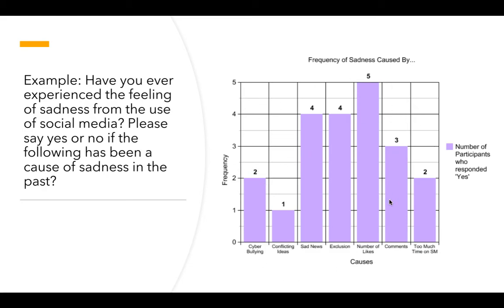Even though this does not help you make any generalizations, this does give you some information about what could be possible causes of feeling sad online, with the chosen participants that you have. So you will be able to come to some conclusions by comparing the frequencies here. Having said that, your reports need to have at least one graph that numerically represents some close-ended question that you have chosen.